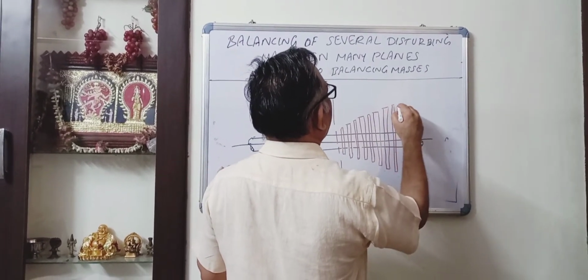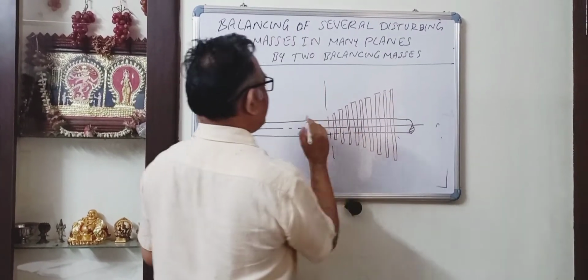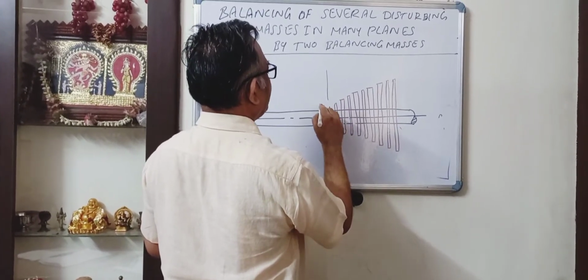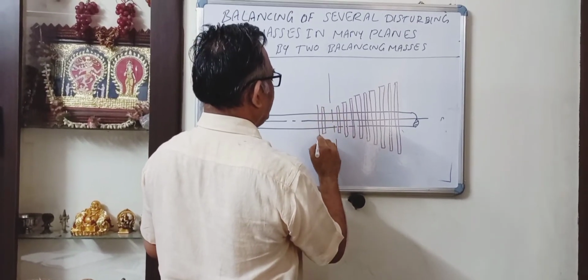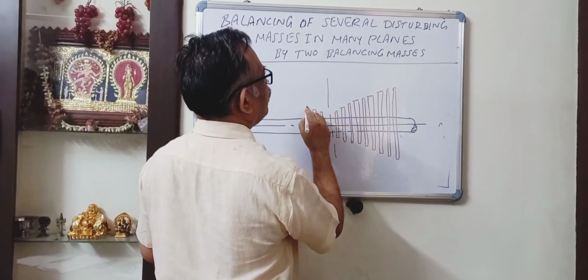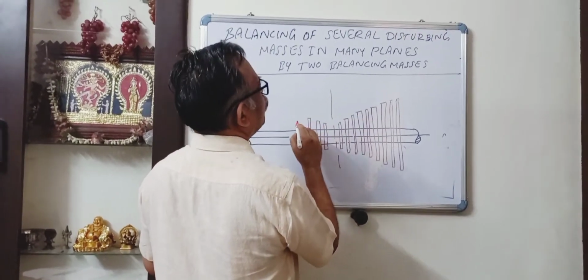So it will be like this, right? Very symmetrically on the other side also, like a mirror image, so many blades will be there, right? So on this side also there will be diffuser blades.